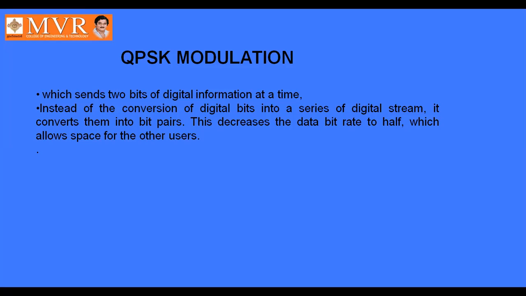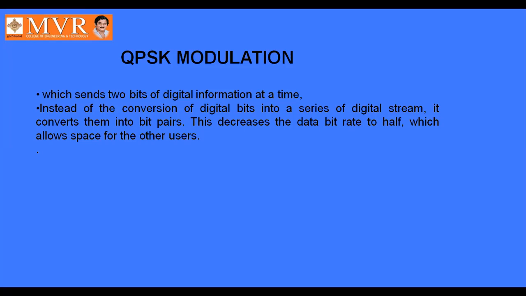Instead of converting digital bits into a series of digital string, it converts them into bit pairs and also decreases the bit rate, which allows space for other users. The M-ary scheme can group more bits, other than 2, like 3, 4, 5, anything. That is called the M-ary scheme.